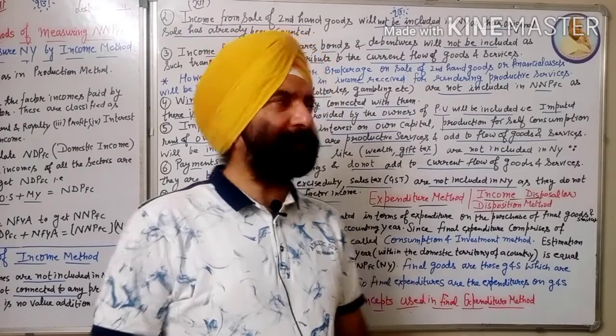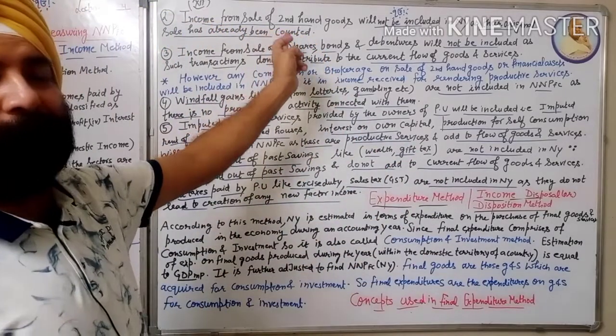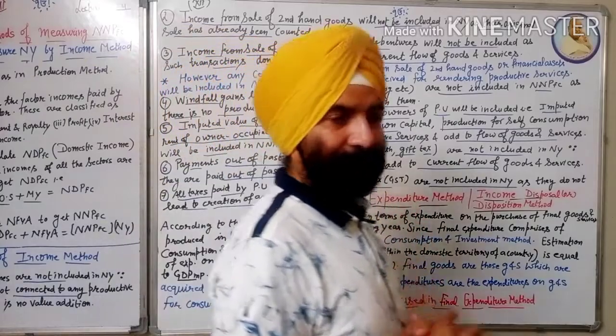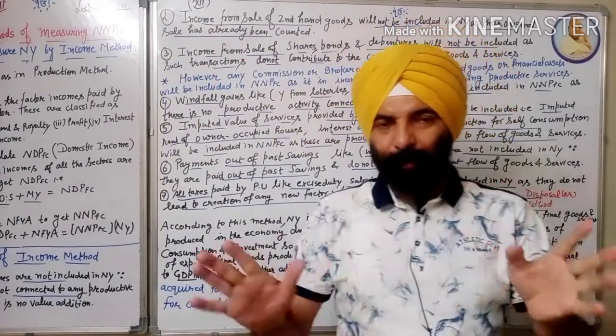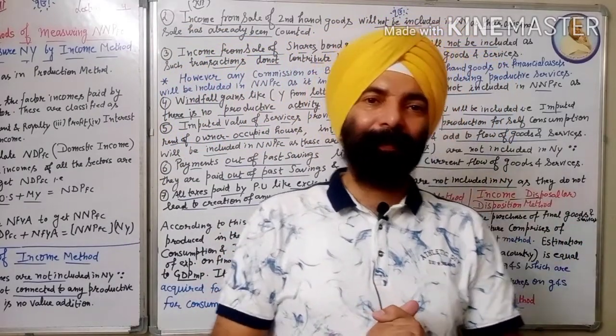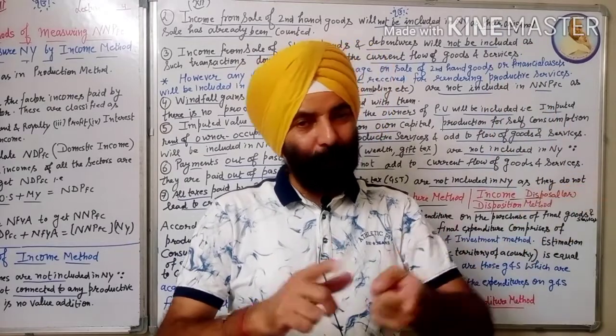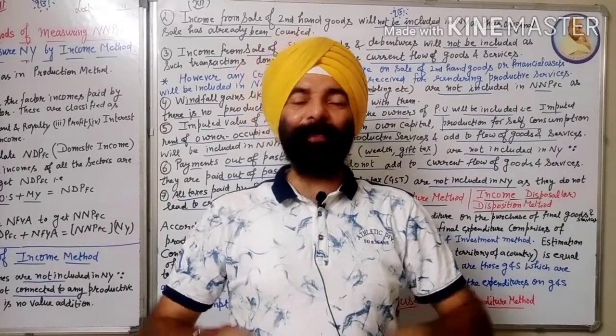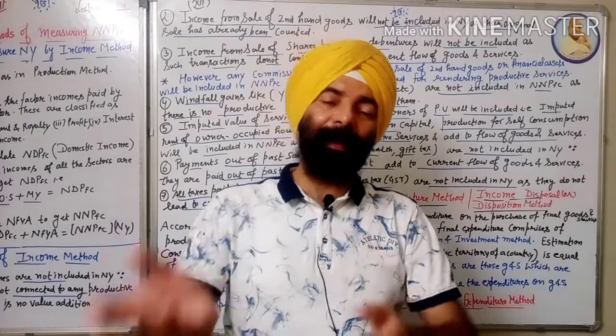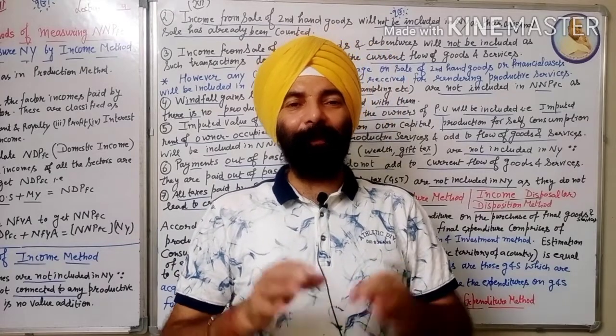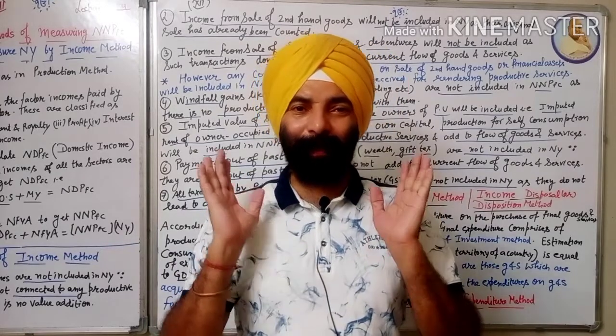सेकेंड प्रिकॉशन इज इनकम फ्रॉम द सेल ऑफ सेकेंड हैंड गुड्स will not be included in the national income. Why? Because earlier when that good was sold, the value was added. Now it is being resold. If we again add the value, it will lead to a problem of double counting.